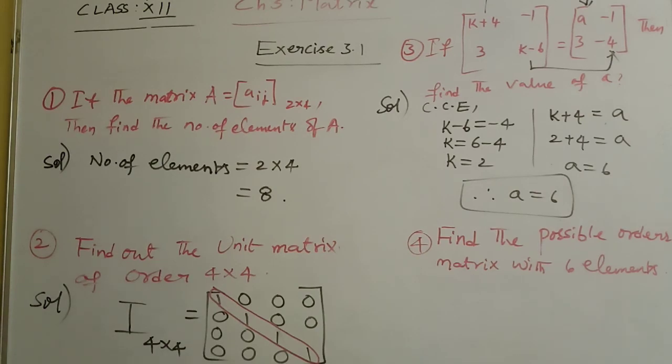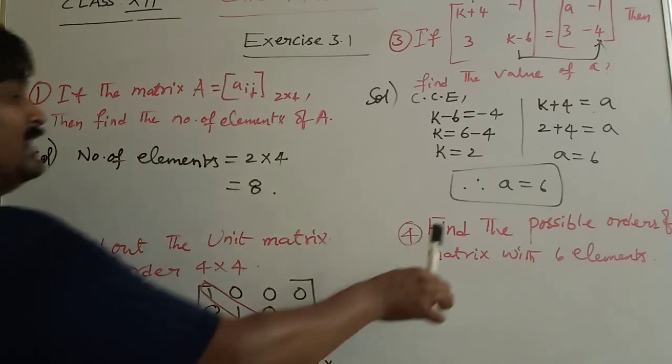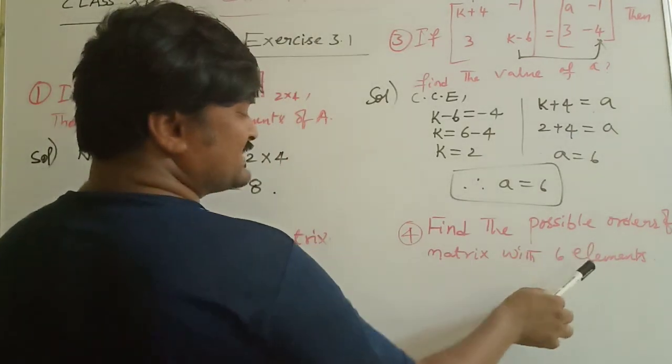Now we are going to problem number 4, and this is again just like your example number 4. This fourth one is again the easiest one, not very difficult. Just observe: find the possible orders of matrices with 6 elements.